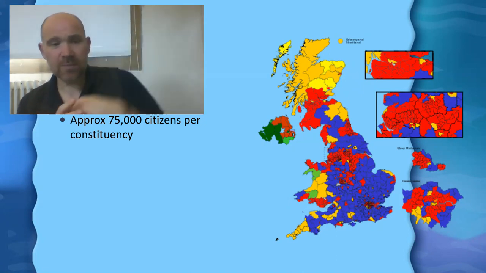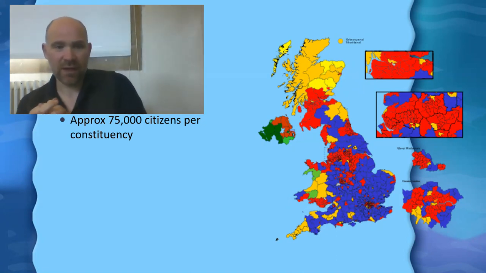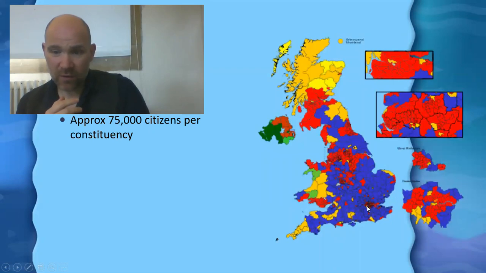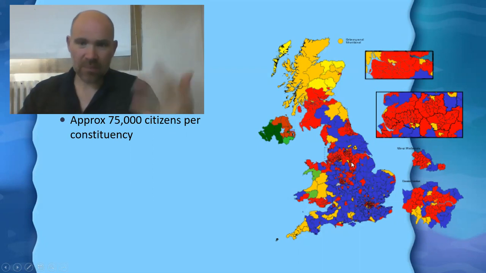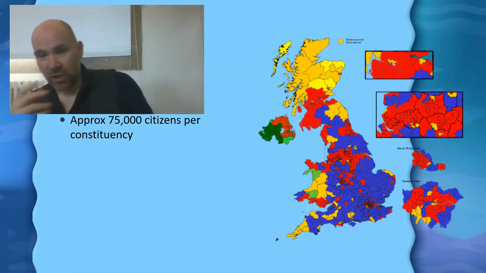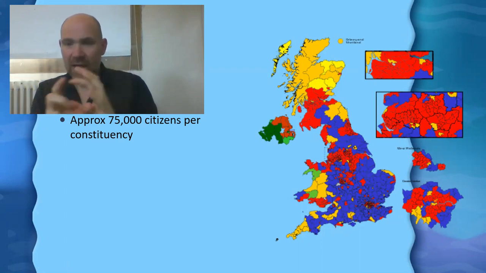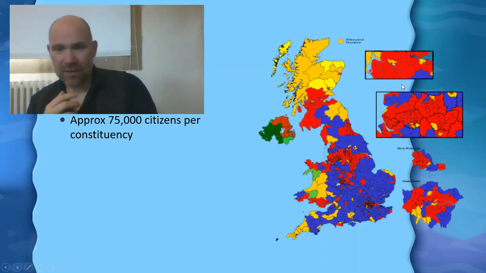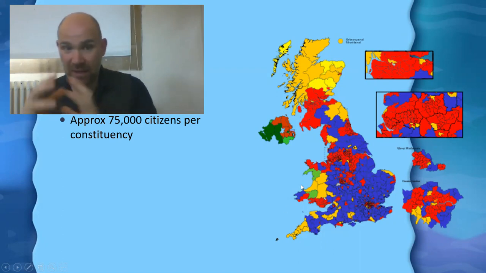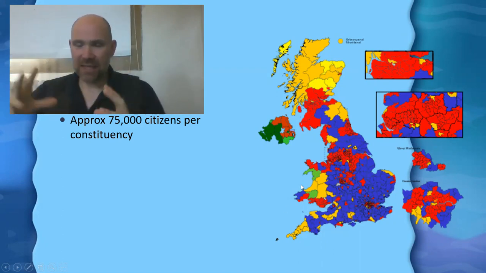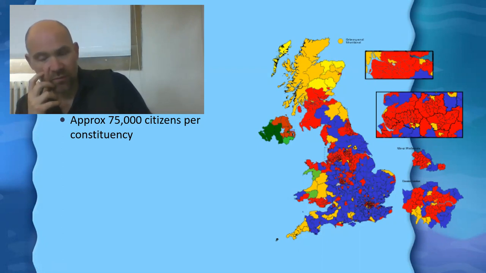You can see in the text below me, there's approximately 75,000 people per constituency, which is why in areas like the centre of London, and up here in the Midlands, where you've got places like Manchester, Liverpool, Birmingham, etc., you get loads and loads of constituencies in small areas where a lot of people live. And then you get these areas here where very few people live, and the constituencies get far, far bigger in terms of land mass, but exactly the same size in terms of people.